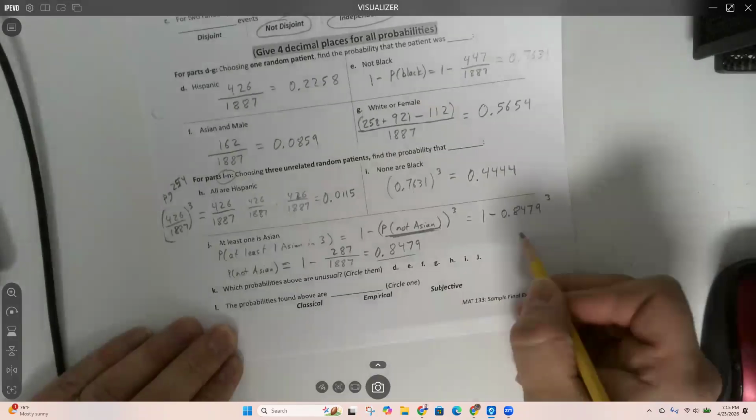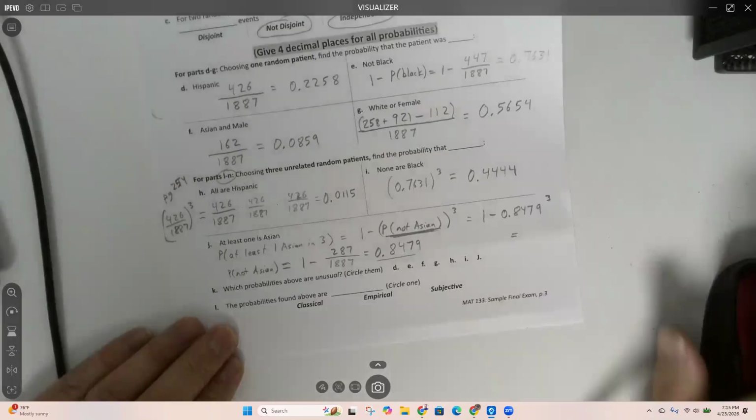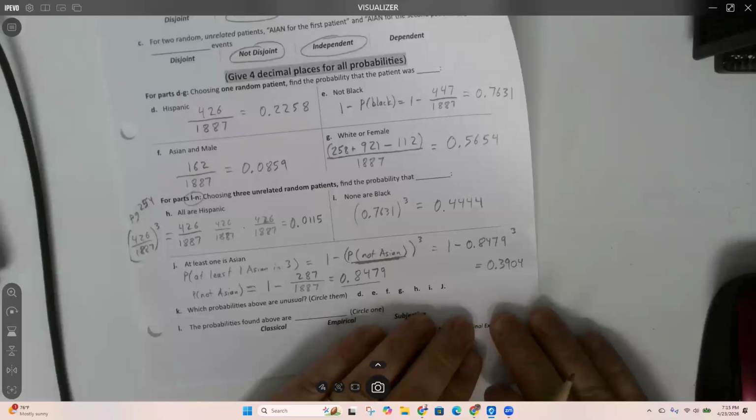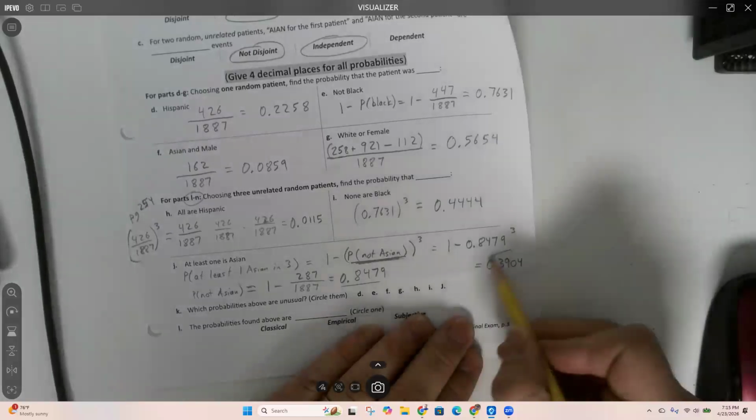Our final answer is 0.3904. Okay, that's our answer.